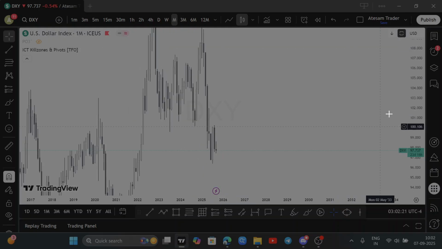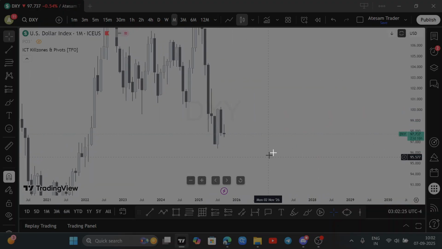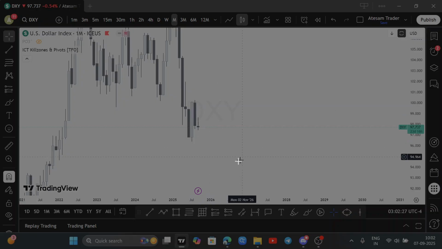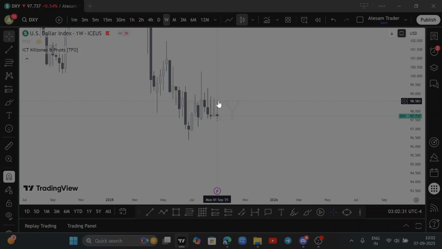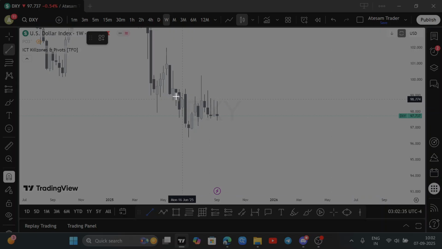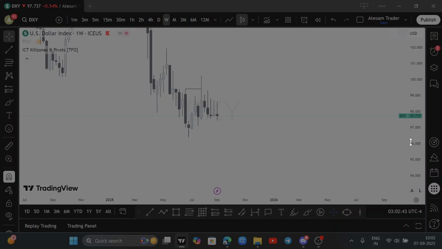The dollar is basically consolidating. We are between these candles. Okay, no issue, just coming to the weekly. These are all low resistance liquidity it is building. What we have done here is swept these highs. But can you see this?